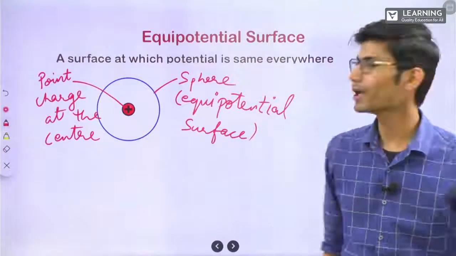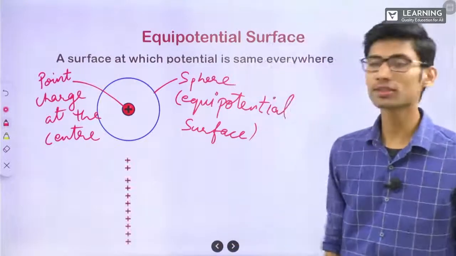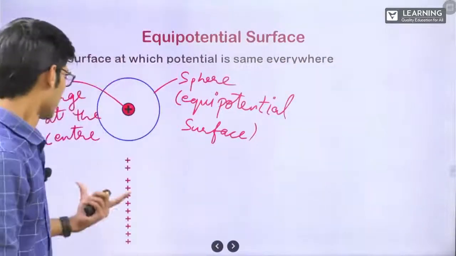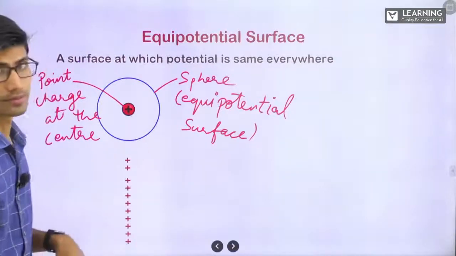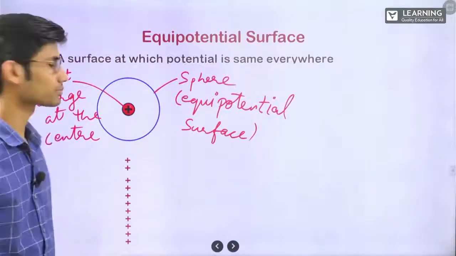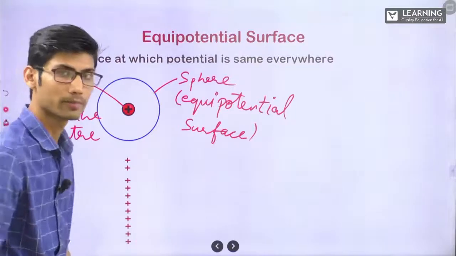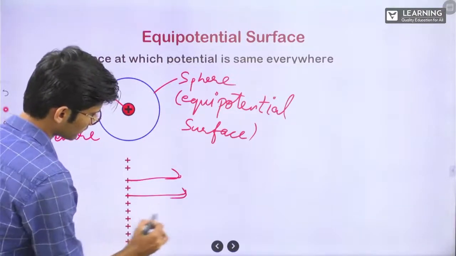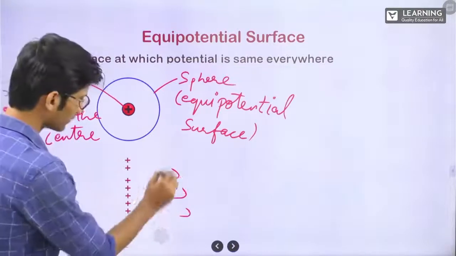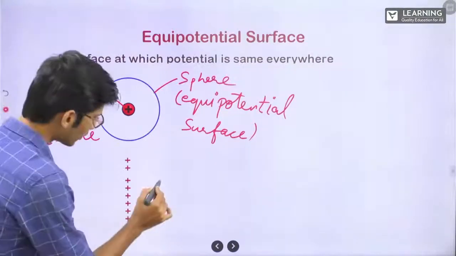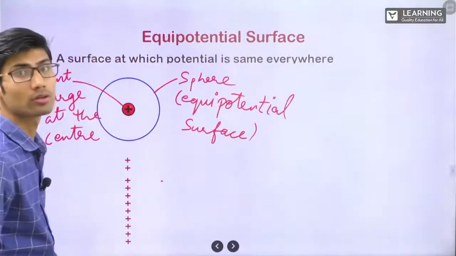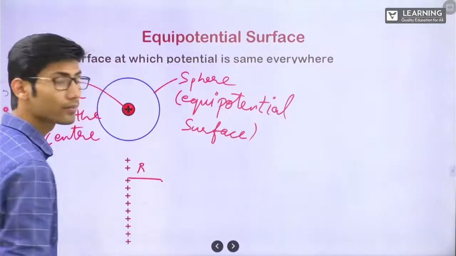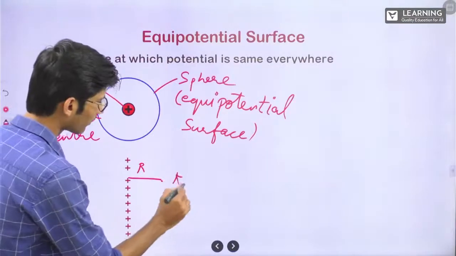Alright. Now, suppose this is a line charge. It's an infinite line charge. How will the equipotential surface be for this line charge? Again, if you think properly, the electric field lines will be like this, or forget about the field lines, we'll talk about that later. Now at this particular point, if this point is at a distance r from here, the potential will be kq by r.